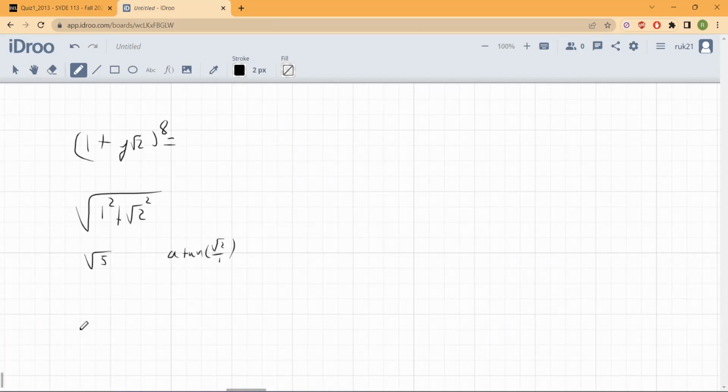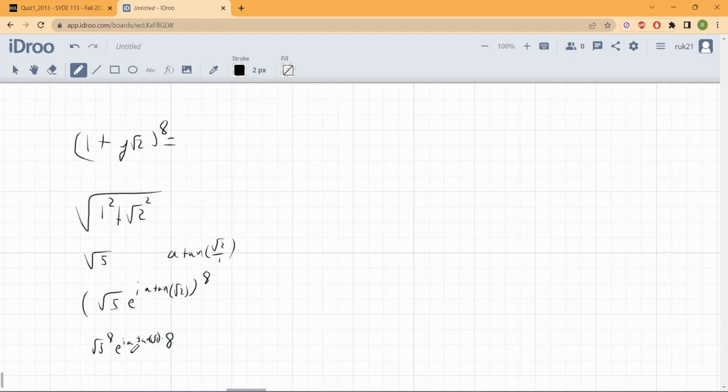So then our exponential form would be the modulus, and then e to the i arctan root 2. So then we can bring it back up, and take all of this to the power of 8, and we get root 5 to the power of 8, e to the i arctan root 2 times 8.